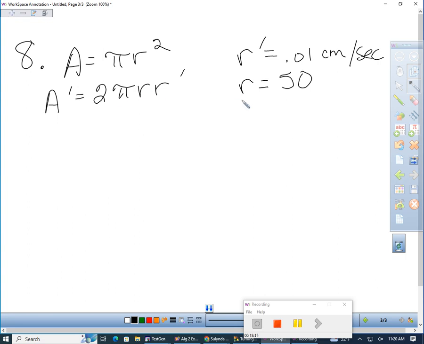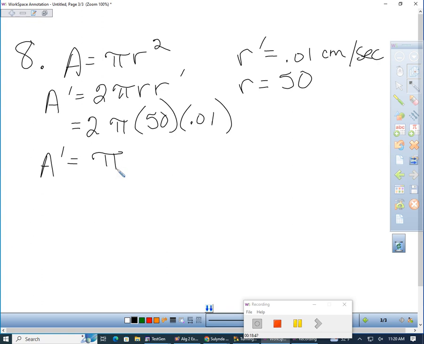So we're going to plug in r and r prime. So I have 2 pi times 50 times 0.01. So A prime equals 2 times 50 is 100 times 0.01 is 1. So 1 times pi is pi.